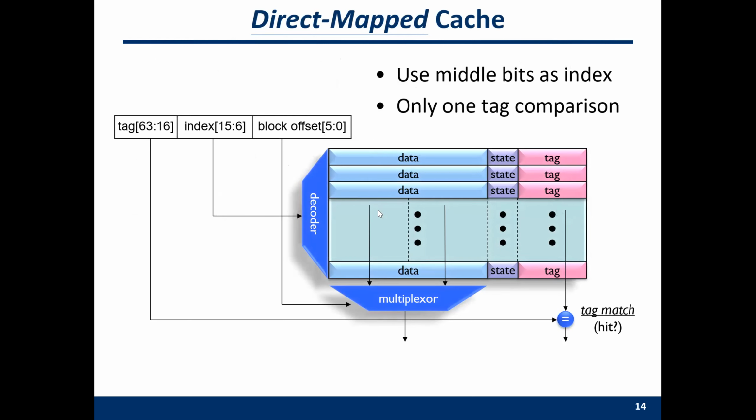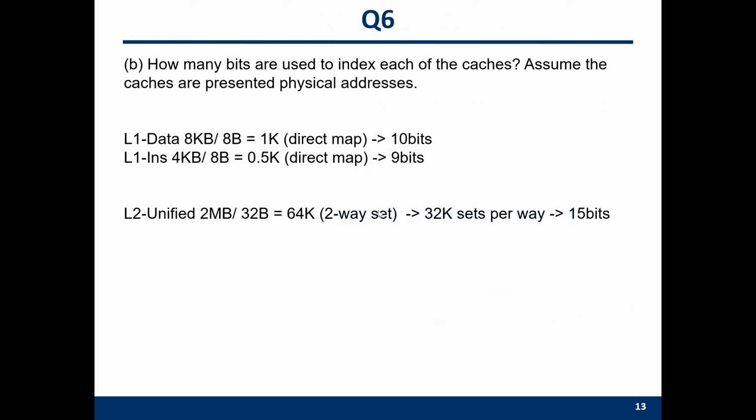The L1 caches, both of them, no matter the L1 instruction cache or L1 data cache, are direct mapped caches. The question is how many bits will be used to index the cache?